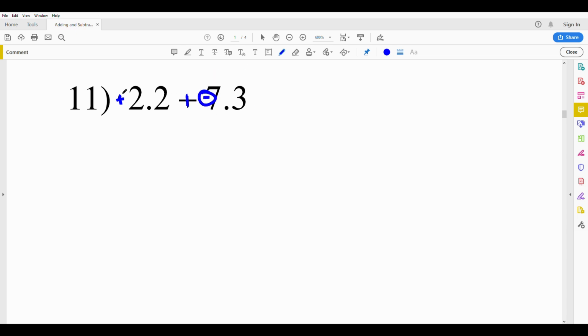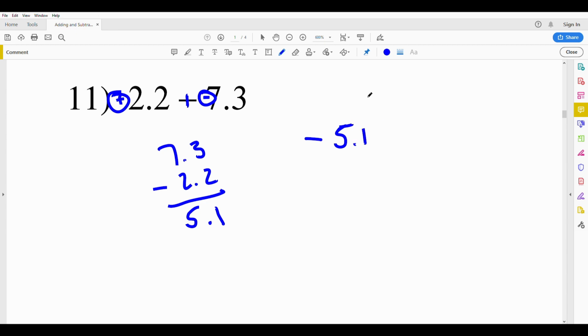So we have opposite signs, and if the opposite signs are added together, we'll take that larger number and subtract the smaller number. So 7.3 minus 2.2 will give us 5.1. But remember, our result isn't positive, it's really negative because our negative number, or the number that's subtracted, was greater than our positive number. So negative 5.1, again, is our solution in number 11.